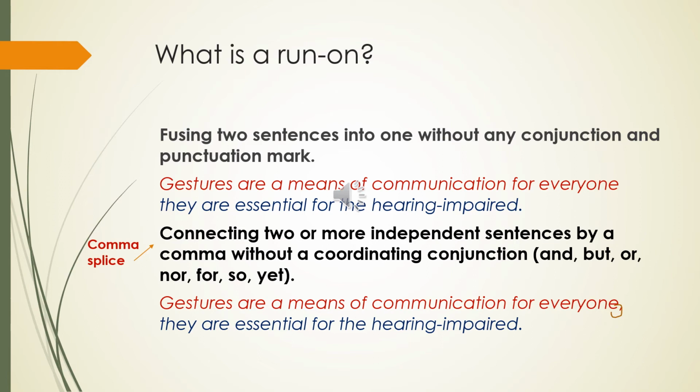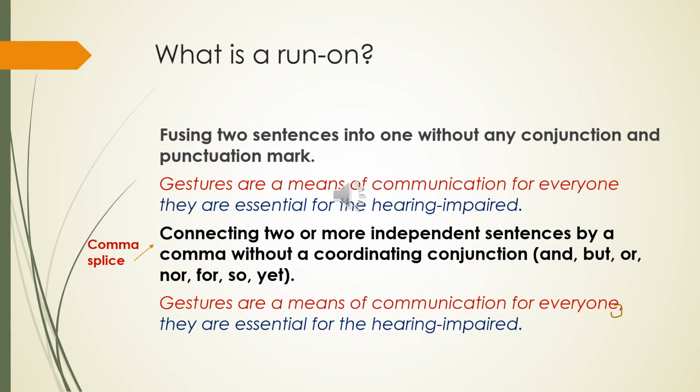All right, connecting two or more independent sentences by a comma without a coordinating conjunction is called a comma splice. Think about those coordinating conjunctions, sometimes referred to as the FANBOYS, and that's just an acronym to help you remember those: for, and, nor, but, or, yet, so.